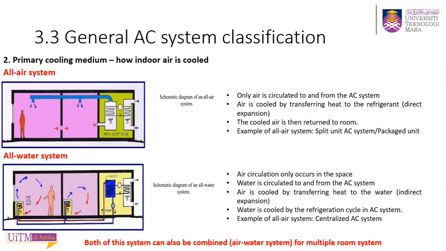This form of heat transfer is also referred to as indirect expansion. Examples for an all-water system are packaged and centralized air conditioning systems. Now, both systems, all-air and all-water, can also be combined depending on the requirement of the space or building.